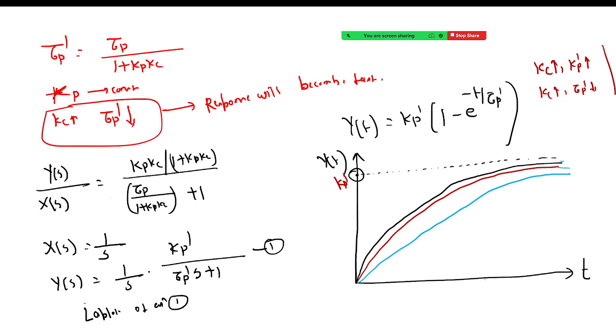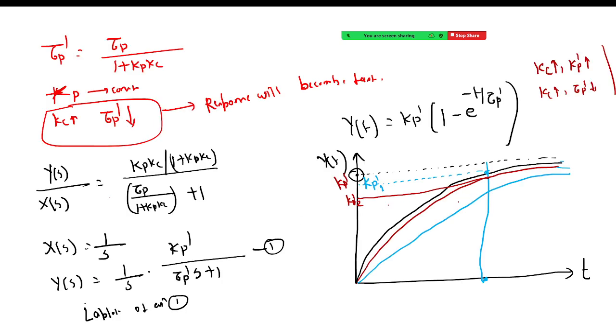Let's say for a particular time, if I want to check whose Kp dash is maximum: this one is Kp dash 1, and for the red one, this one is Kp dash 2, and for the last one, this one is your Kp dash 3.